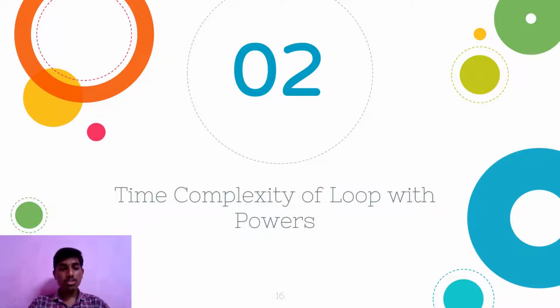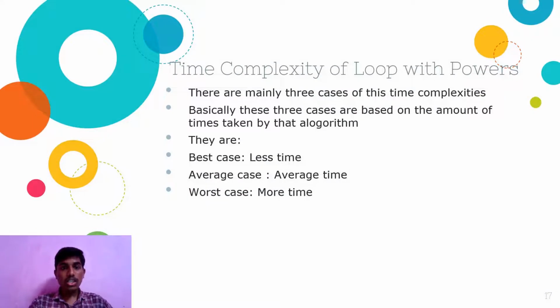So let's understand the time complexity of a loop with powers. There are mainly three cases of time complexity found in any problem. Basically these three cases are based on the amount of time taken by the algorithm.